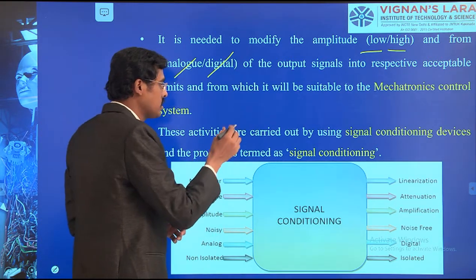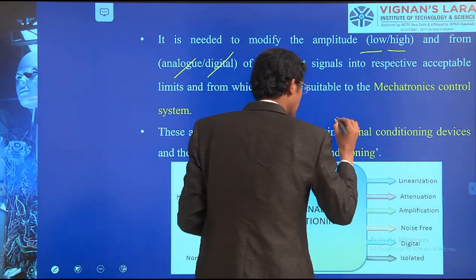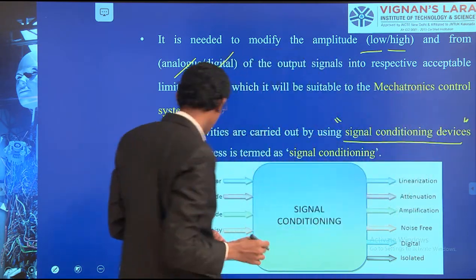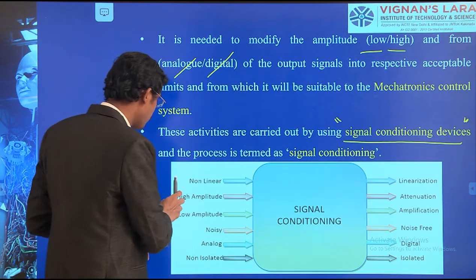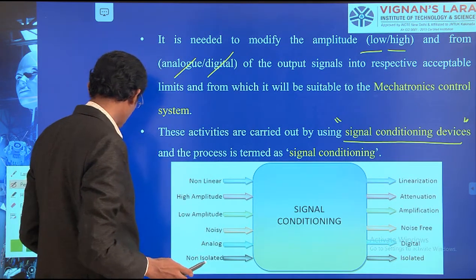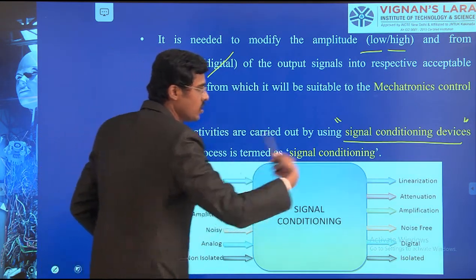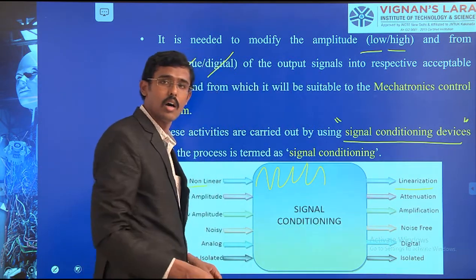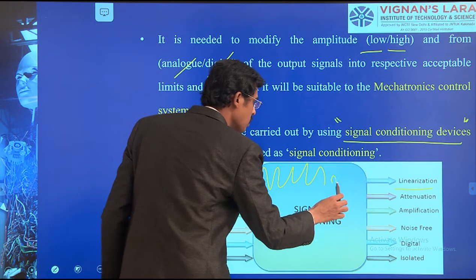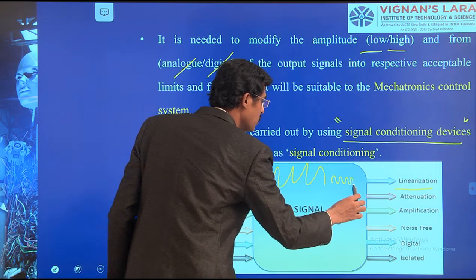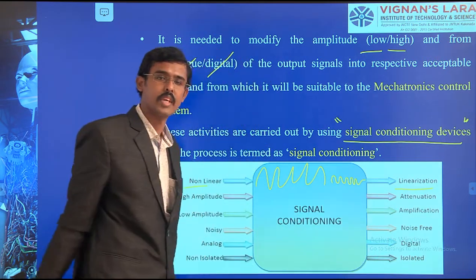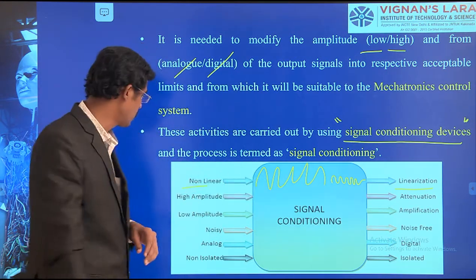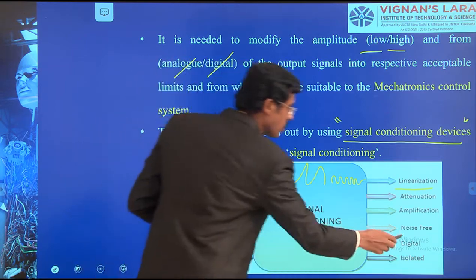These activities are carried out by the signal conditioning devices, which change non-linearity to linearization. Irregular waveforms can be normalized to the required waveform: low amplitude to high amplitude, noise level to noise free level.